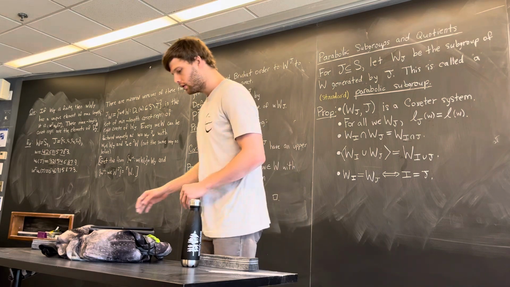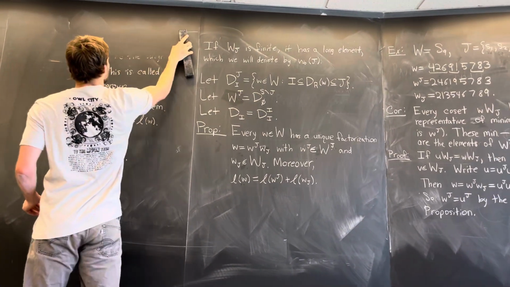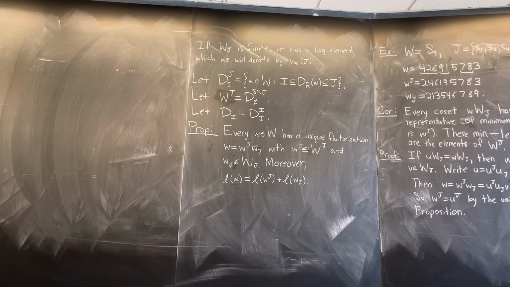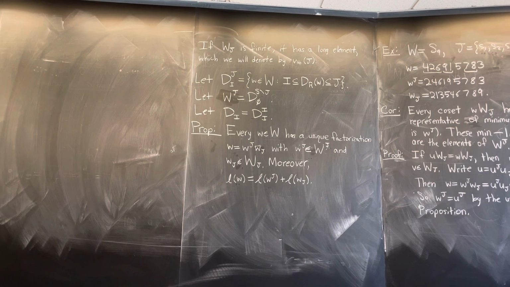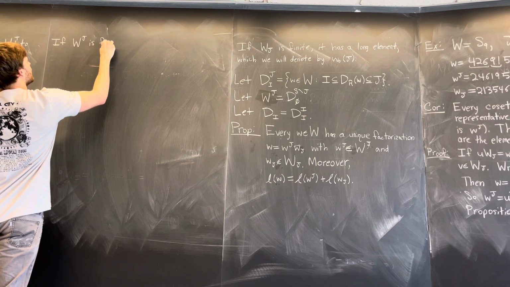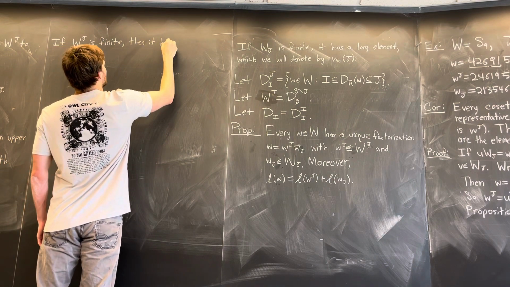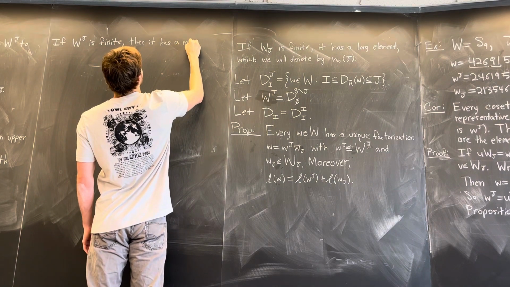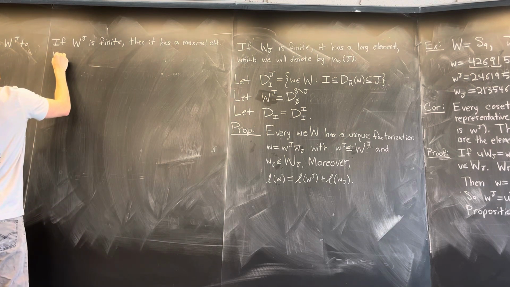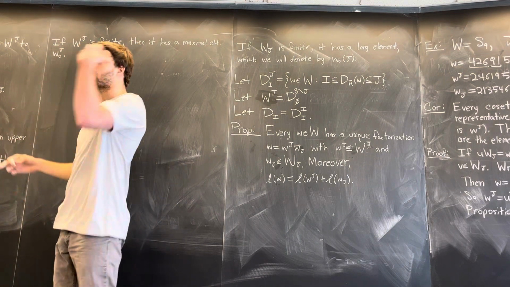And I guess I'll also just mention, if the parabolic quotient is finite, then it has a maximal element under the Bruhat order, which you could call W naught superscript J. Or in fact, it actually is what you get by taking the long element W naught and projecting.